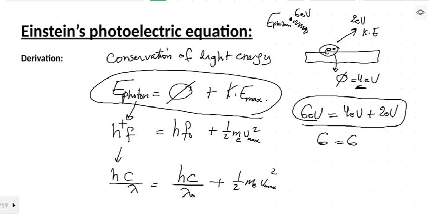So the used formula, you can change its form according to the given you get. In some previous textbooks, they were using it with kinetic energy as the subject: kinetic energy maximum is equal to E photon minus the work function. Same idea.